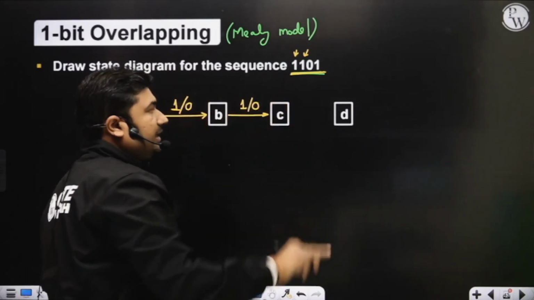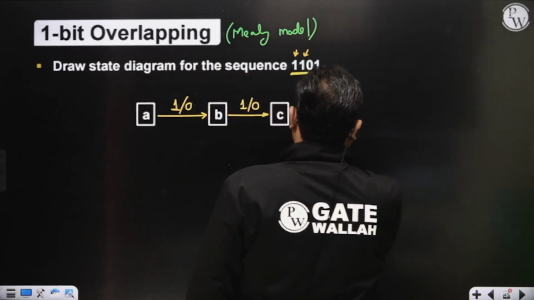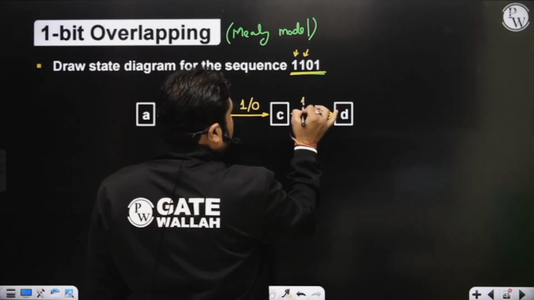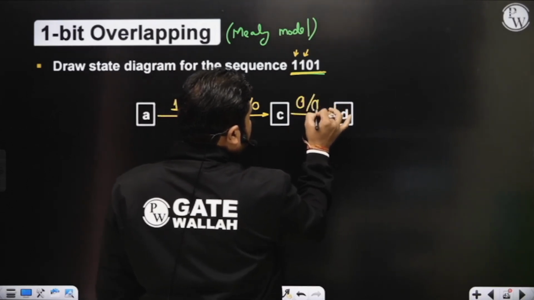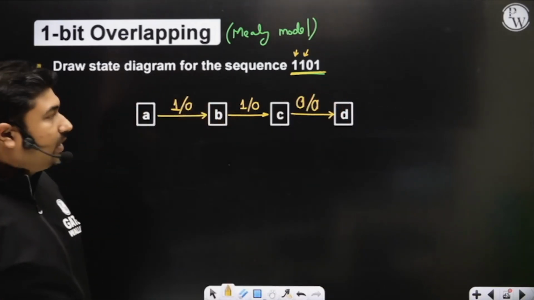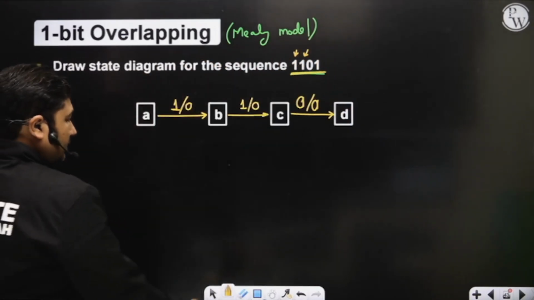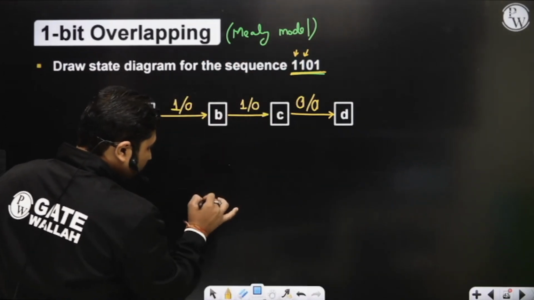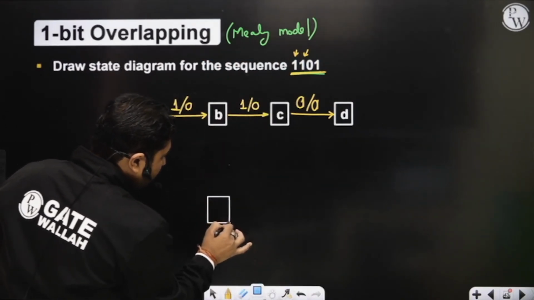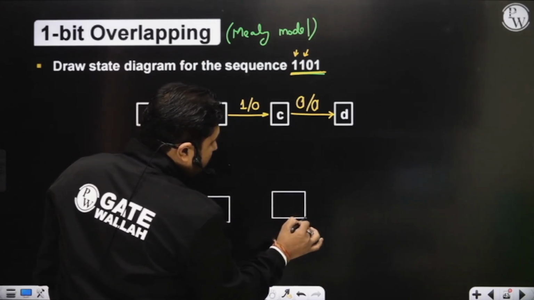The final output is not yet detected, so output is 0. Then again move to the next state in case of 0, but all bits are not detected, so output is 0. We will talk about the last one also. This is a 1-bit state, this is a 2-bit state, and this is a 3-bit state.